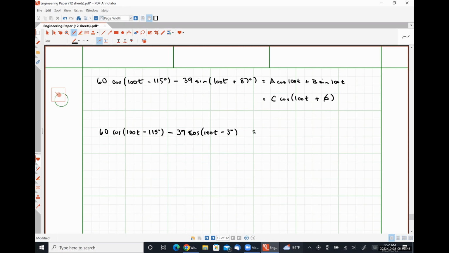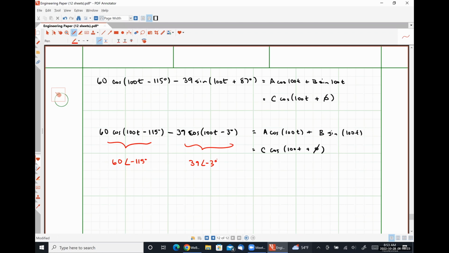This is equal to A cosine 100t plus B sine 100t, or also C cosine 100t plus our phase angle phi. Well, if we treat this as 60 angle negative 115, and we treat this as 39 angle negative 3 degrees, what are we going to get?